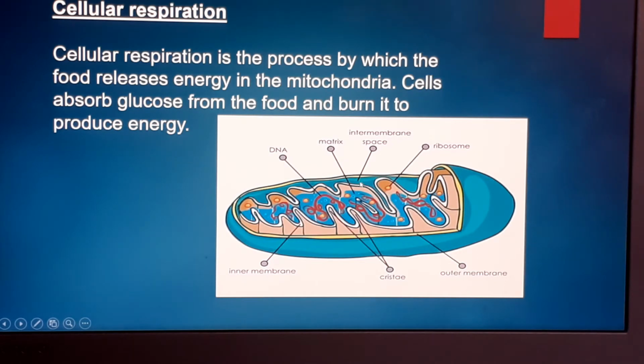Between the folded membrane and the outer one, the intermembrane space is present. Here are the ribosomes, and we have the matrix. Inside also we have a liquid-like substance, this is called the matrix. Then DNA is present there. Okay, this is the mitochondria.